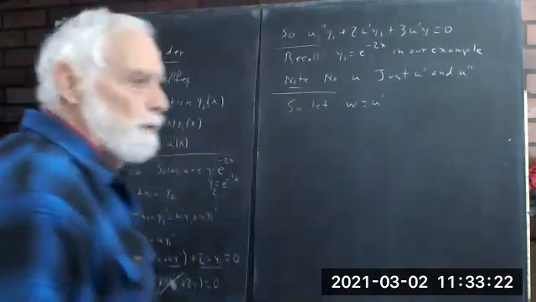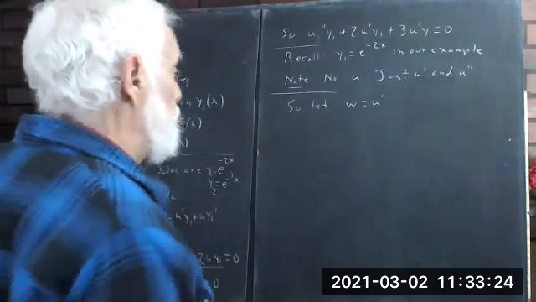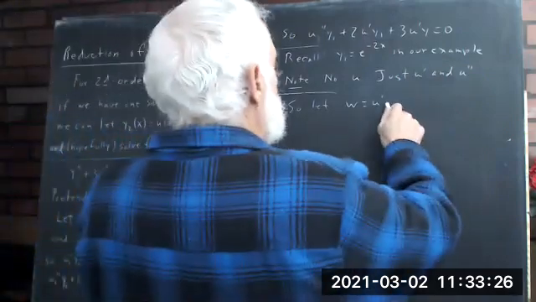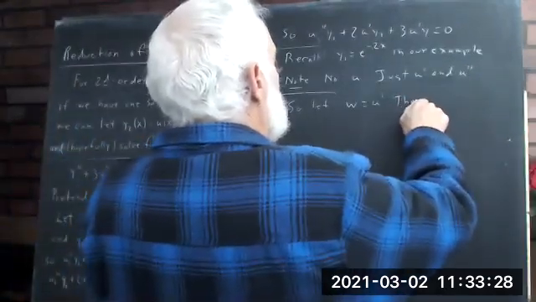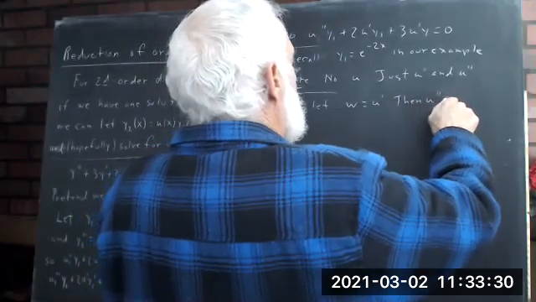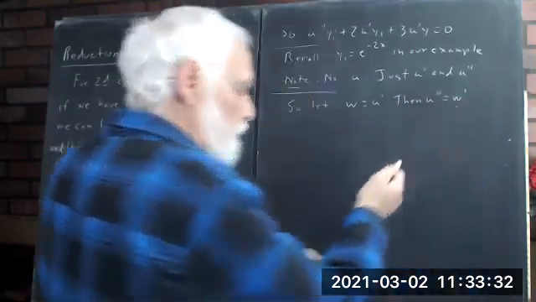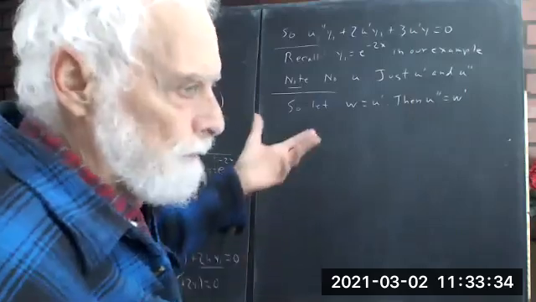So let w equal u prime. Then u double prime equals w prime.